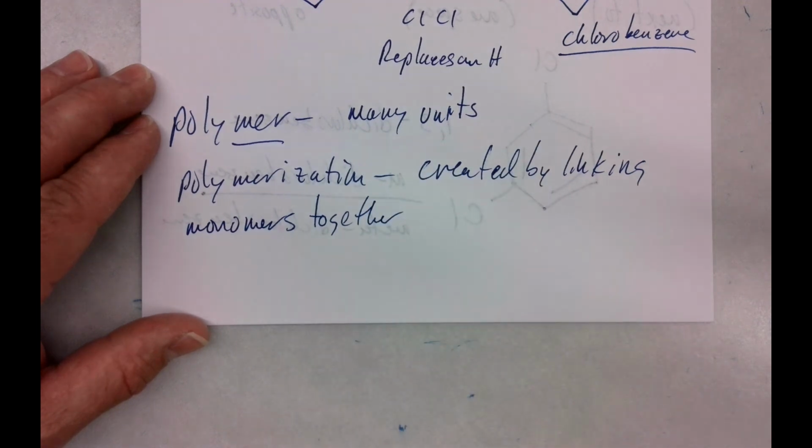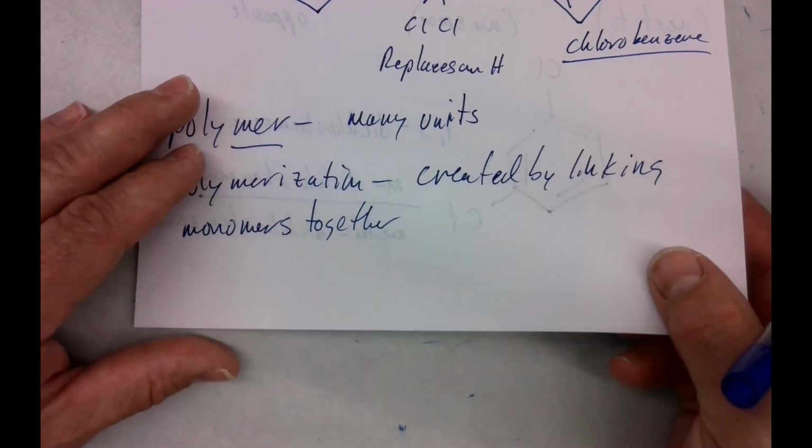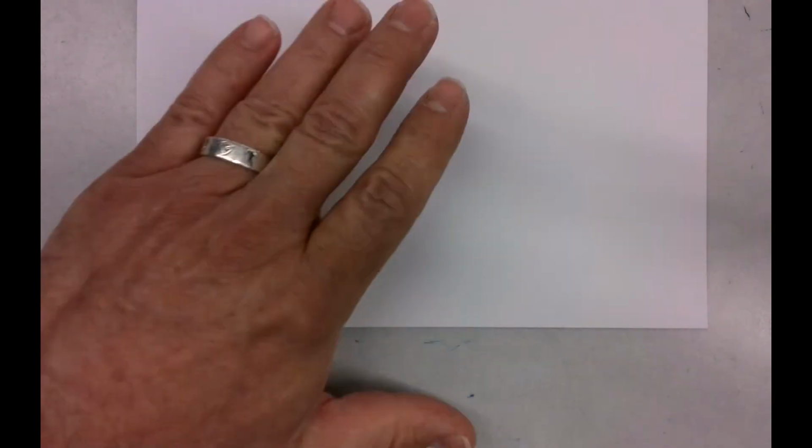Okay? And it's actually really quite simple. This is what happens. I'm just going to draw you a basic example of what goes on here. So let's say I take just a common monomer.